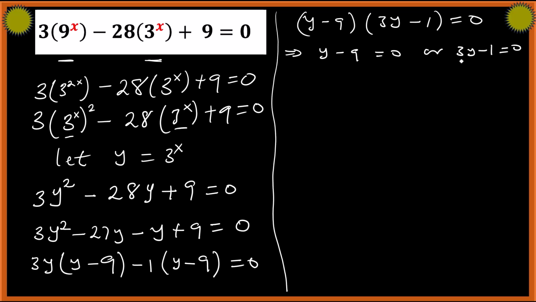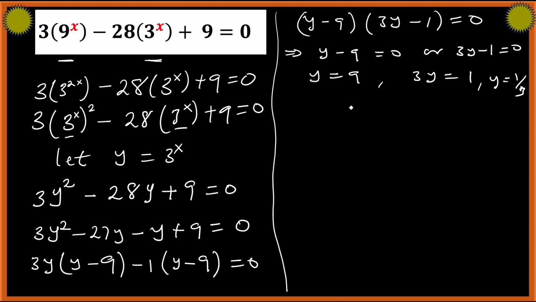So my y, by adding 9 to both sides, will give me 9 here, and this side will be 3y equals 1. Therefore y is 1 on 3. Okay, so we have y equals 9, y equals 1 on 3.